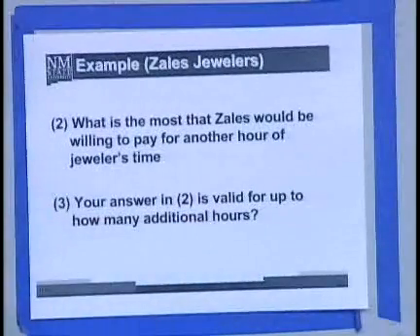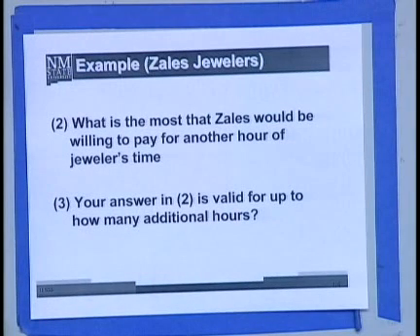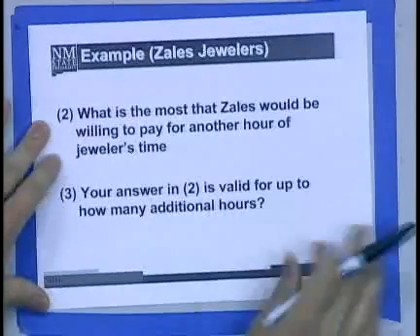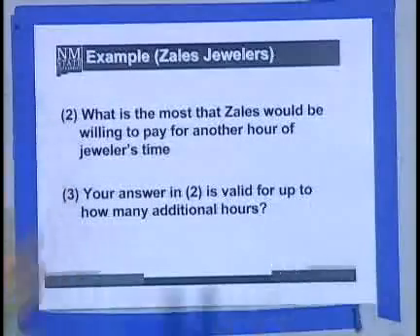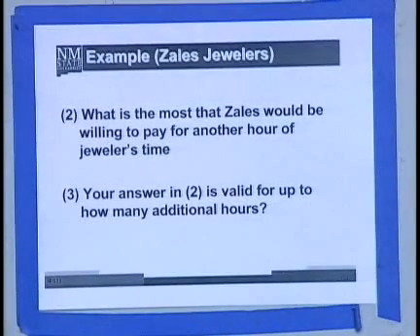What about the next question? Your answer in problem number 2 is valid, which means the dual price for row number 4 is $200.